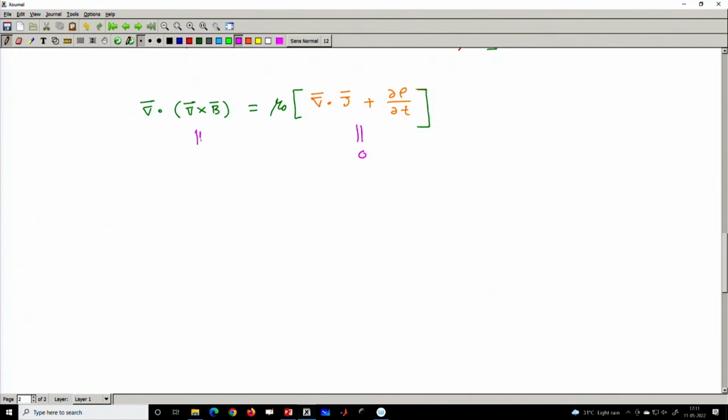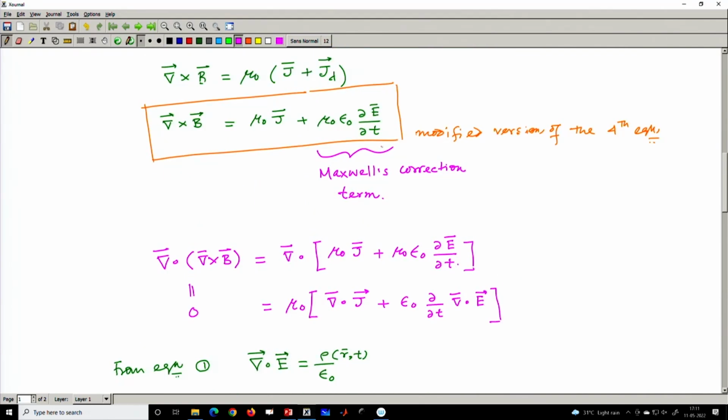So, the left hand side is always 0. This is the very important modification by Maxwell, the modification we are looking for.